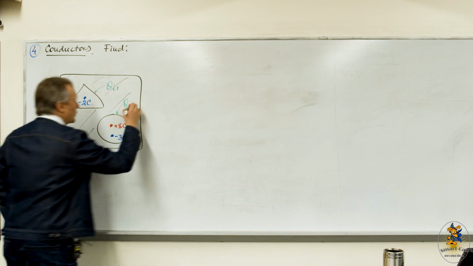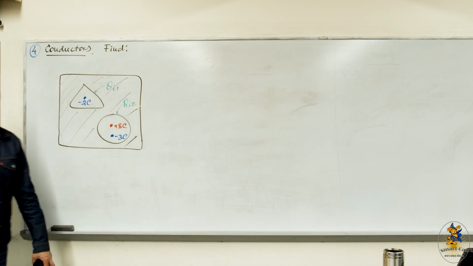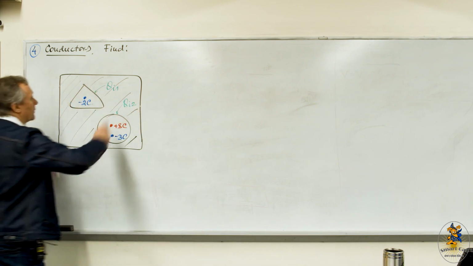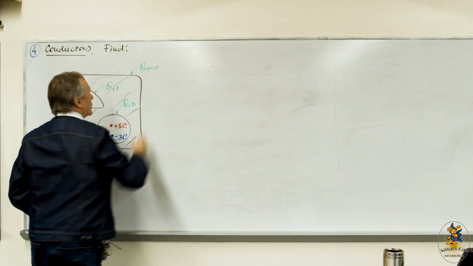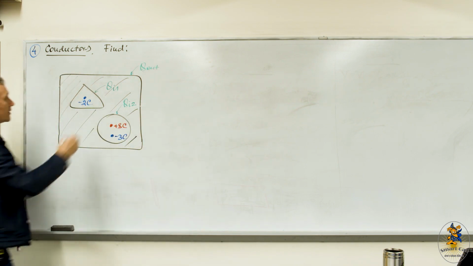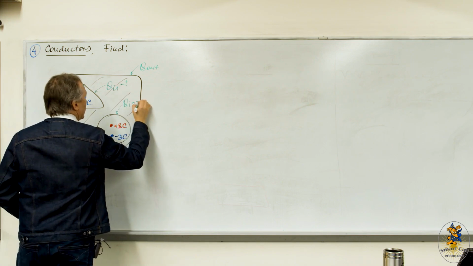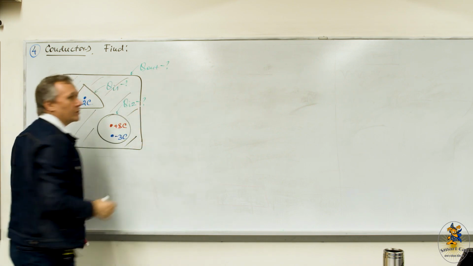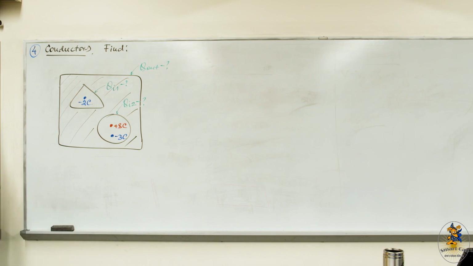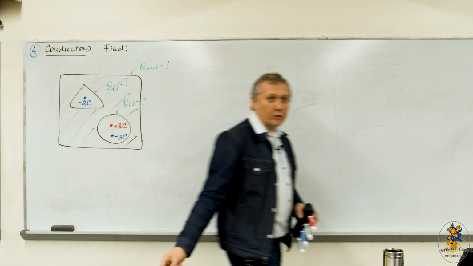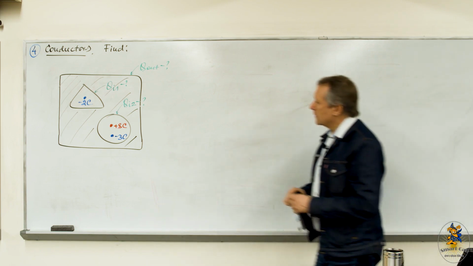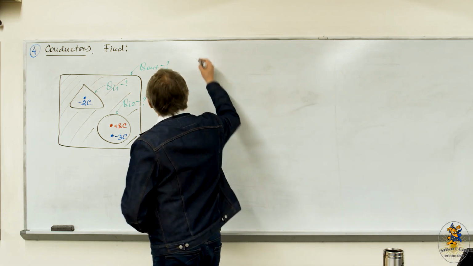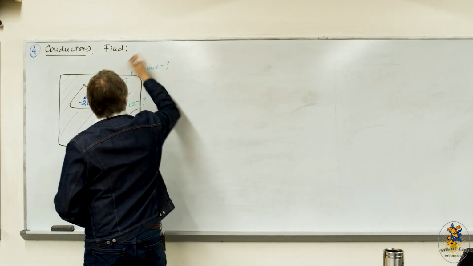And surface number 2. And exterior, of course, will be over here. Q out, outer surface. So essentially, that's what we need to find. We've solved something like this. Okay, so find those charges.